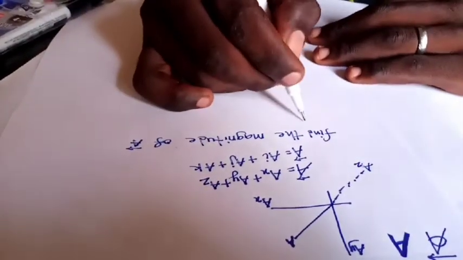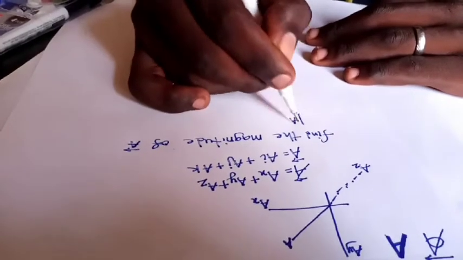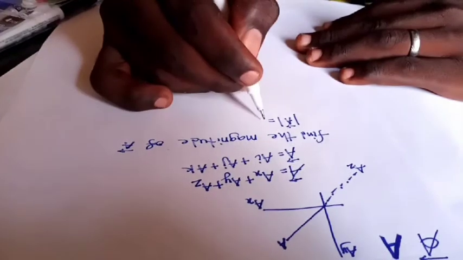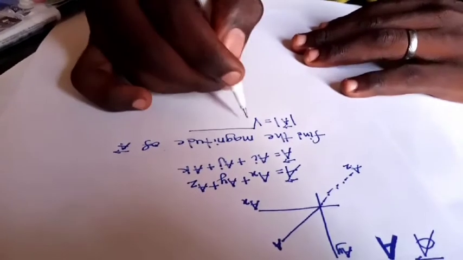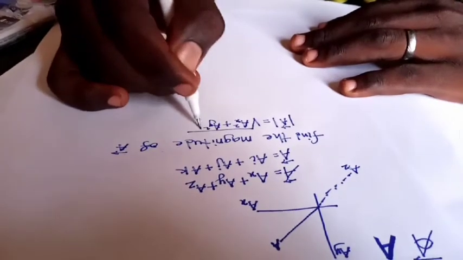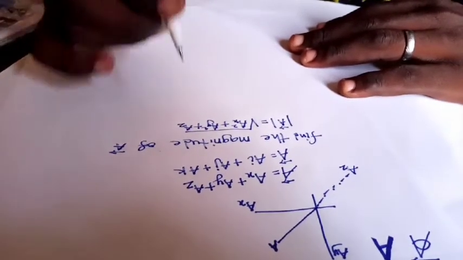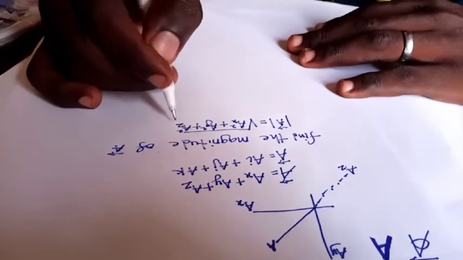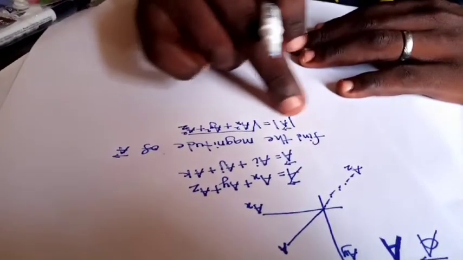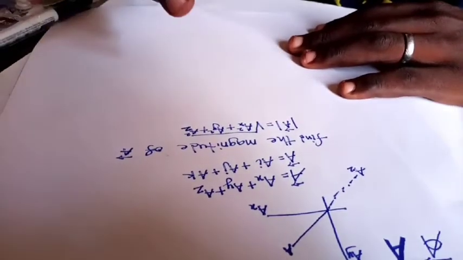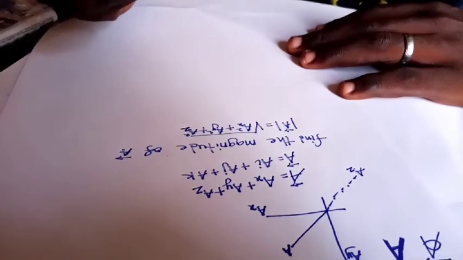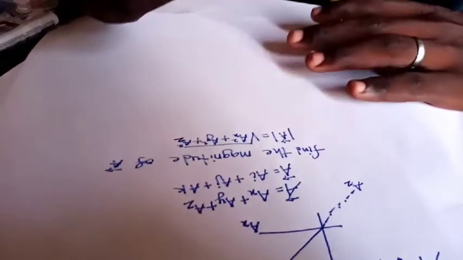Hence, I will have this sign to represent the magnitude of vector A, which is going to be the square root of AX squared plus AY squared plus AZ squared. Whatever result I have here will be the magnitude of A. And magnitude simply means size.